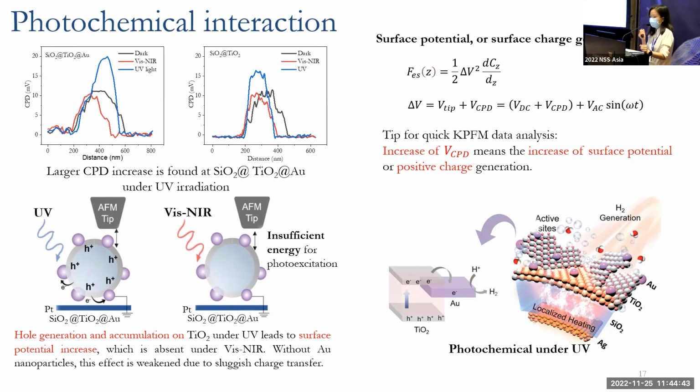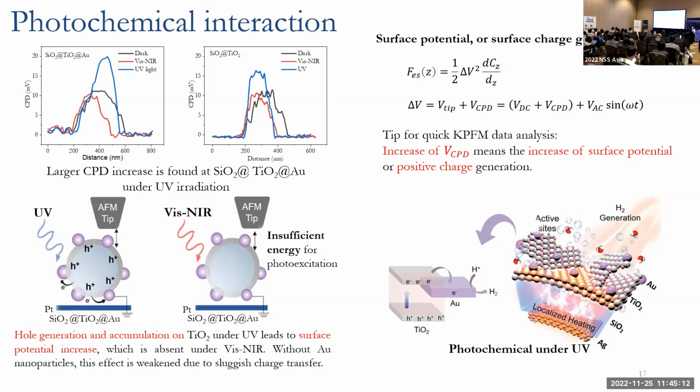Due to the work function alignment between the silicon oxide, titanium oxide, and gold, the electrons tend to move to gold and then to be grounded by the Pt substrate, leaving positive holes on the surface of TiO2 to increase the surface potential.